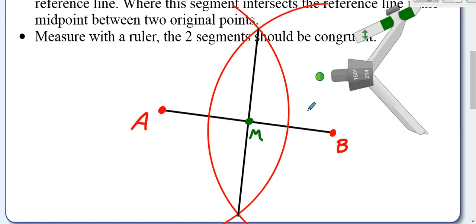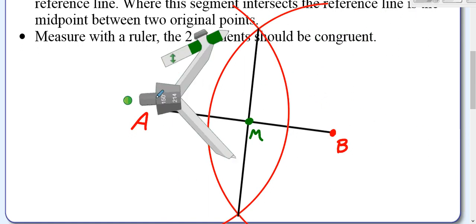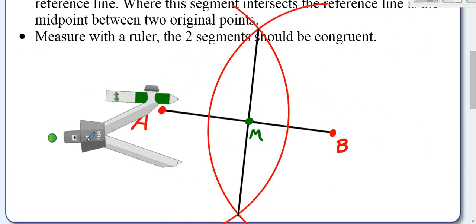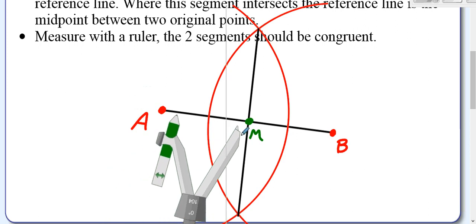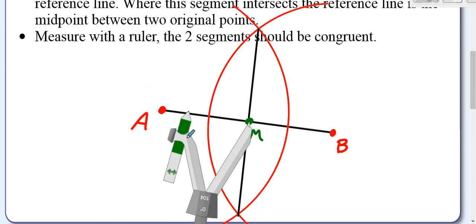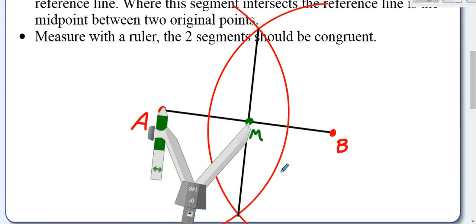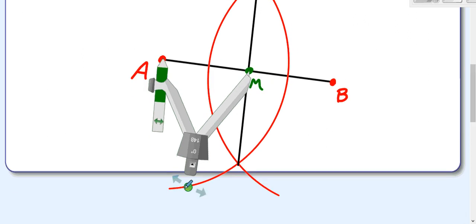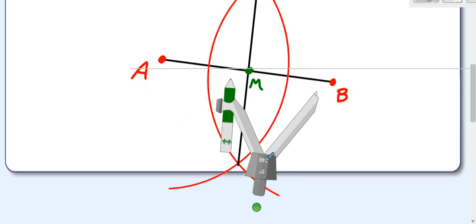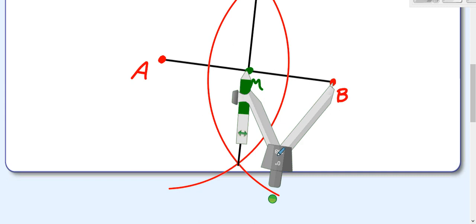If you wanted to, you could pull out a ruler and measure it, or you could take your compass and check it. That length from A to M is the same as from M to B. Same length.